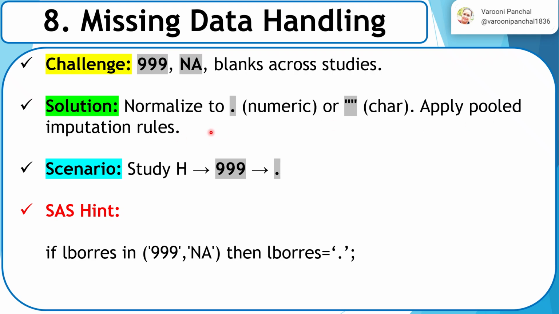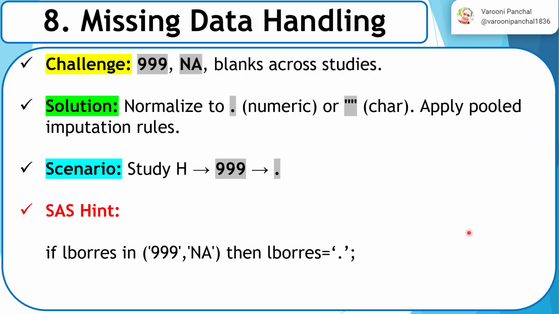Now again the question is for harmonizing pooled implementation rules. So see this scenario, in study H I have 999, so you can replace this 999 with a dot value, which is missing, especially in the numeric. Now if the original lab value is 999 or NA, then the lab value should be missing.